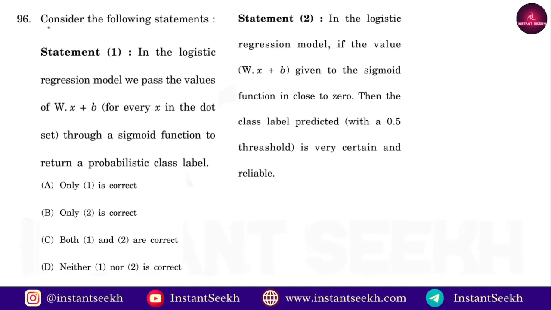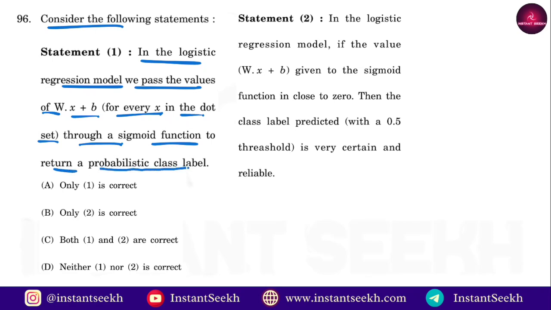Question number 96. Consider the following statement. In the logistic regression model, we pass the values of W dot x plus b, for every x in the dataset, to a sigmoid function to return a probabilistic class label.